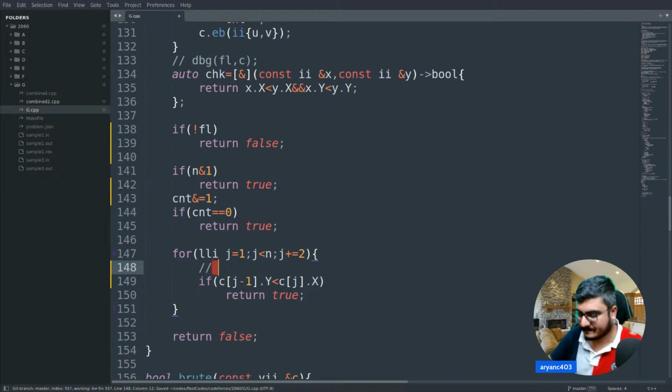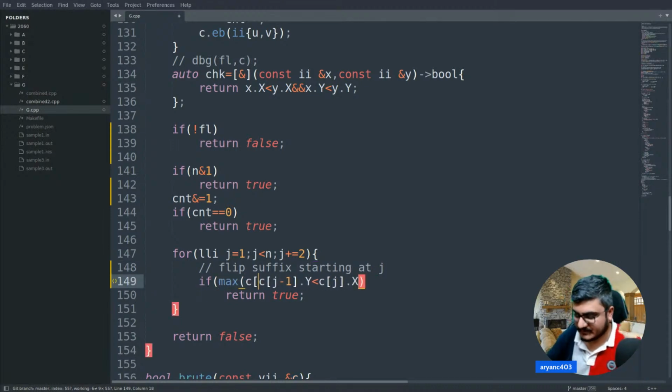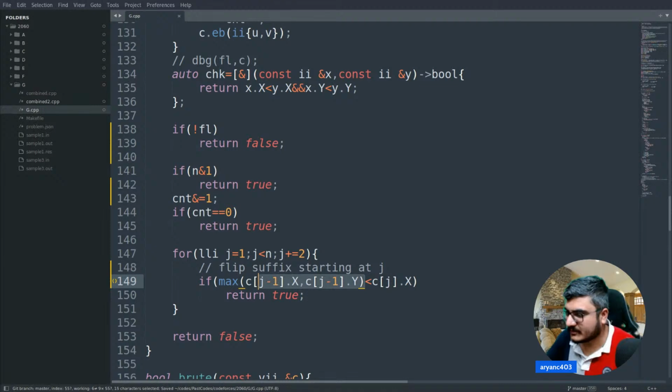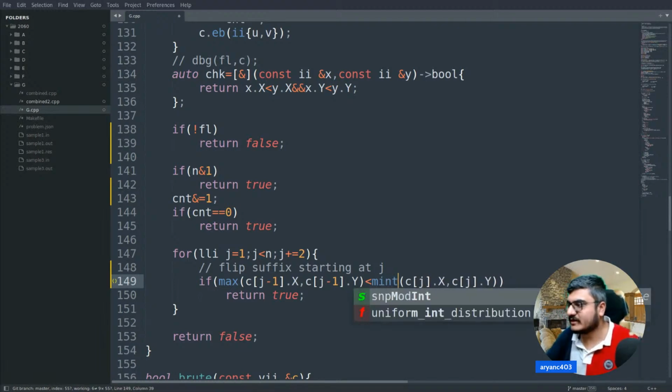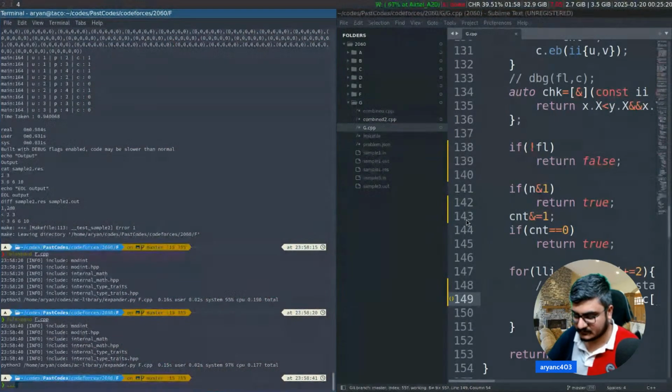Basically, the idea is maximum of both of them, Cj minus 1 dot x. Yeah, I think just 2 more minutes and then I will be answering chat's question and answer. This is the only case when we can flip odd case, and that was the solution for G.